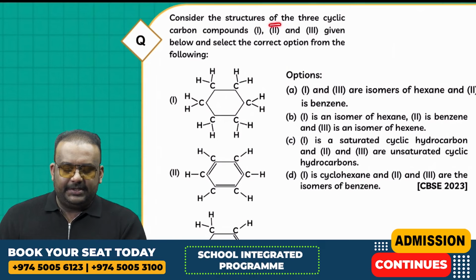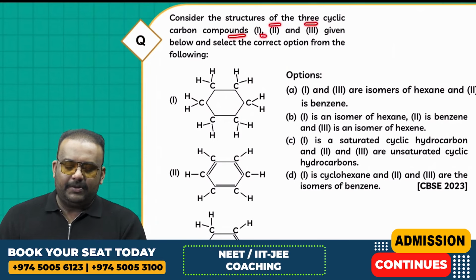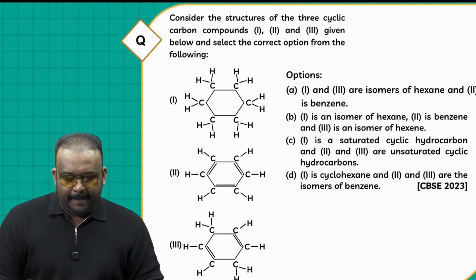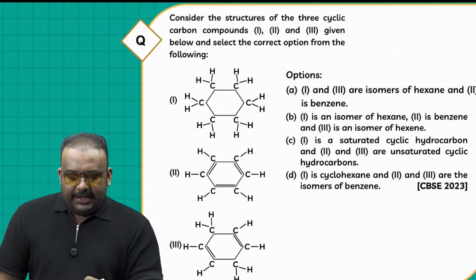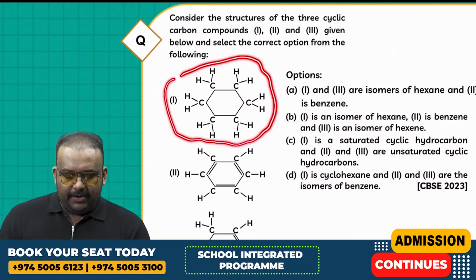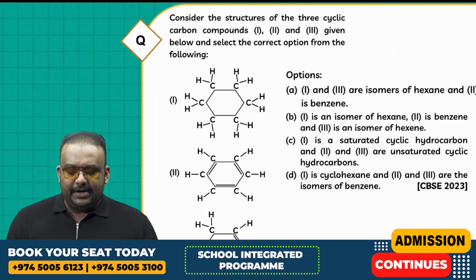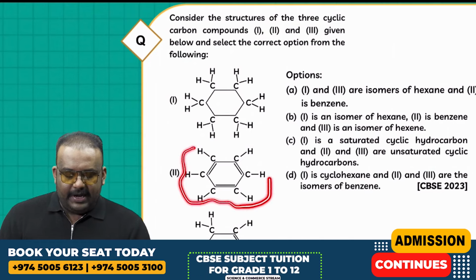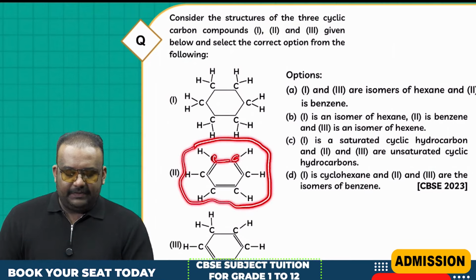Consider the structures of the three cyclic carbon compounds 1, 2, and 3 given below and select the correct option from the following. So you can see that this is a cyclic compound where there are only single bonds between carbon atoms. Whereas this compound has single bonds as well as double bonds.